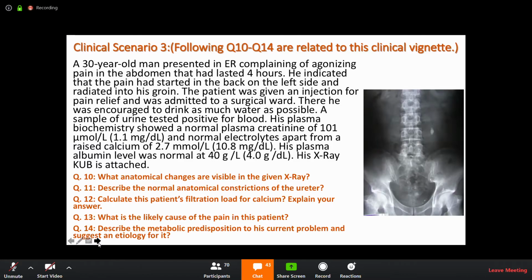So the bound form of the calcium, the one that is bound to albumin, will not be filtered. Only the free form of calcium will be filtered. So you now need to figure out, by using this proportion that Dr. Hamdan gave you, how much is the free form.